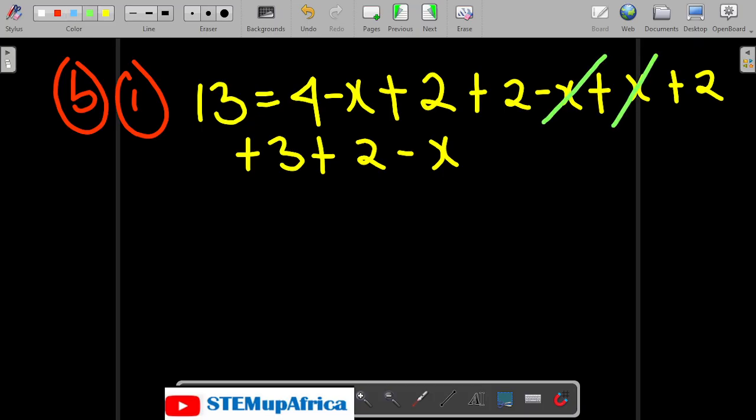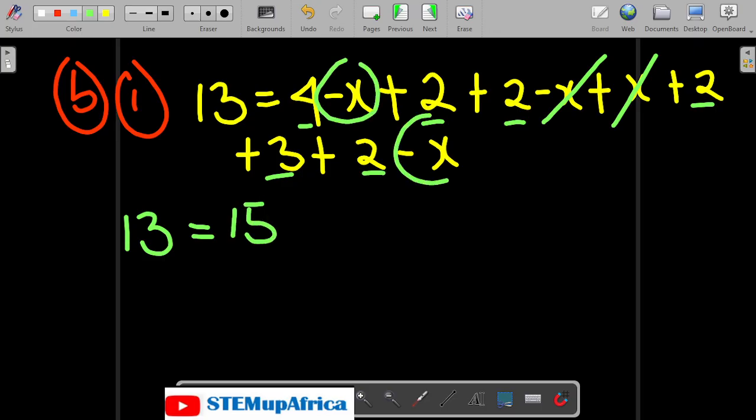Minus x plus x will give us 0. So let's add the values. 13 equals 4 plus 2 is 6, plus 2 is 8, 10, 13, 15. We're having 15, then minus x will give us minus 2x.